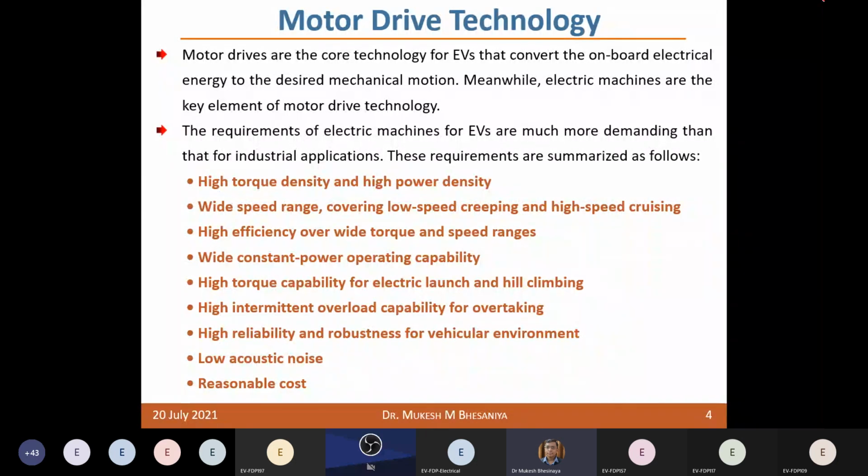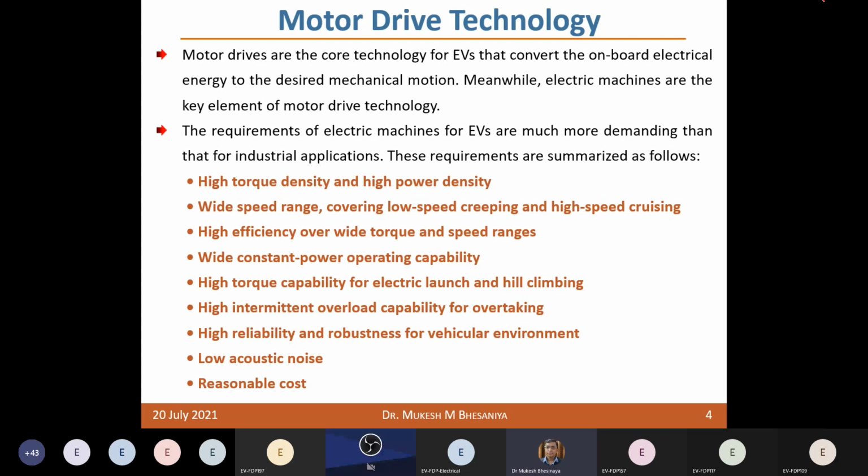Generally for high power EVs, induction motor drives are preferred, and we'll also discuss those induction motor drives. Then people also talk about permanent magnet brushless motors, wherein you have the permanent magnet synchronous motor, which we call the PMSM, and another is the permanent magnet brushless DC motor. Okay, there are other configurations people are working on.